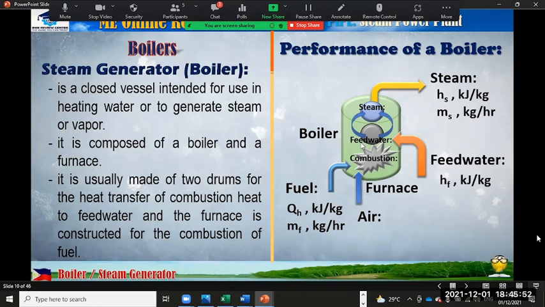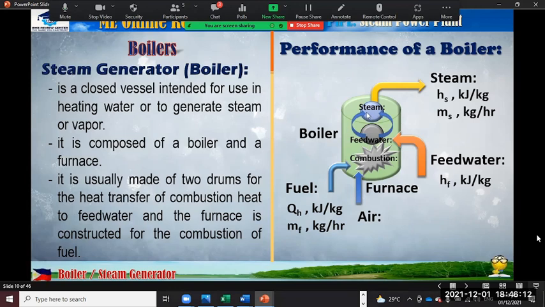Once it is inside the boiler, the combustion chamber is right below, and the fuel is being burned right there. The heat will be absorbed by the feed water, and later on the feed water will be transformed into steam.